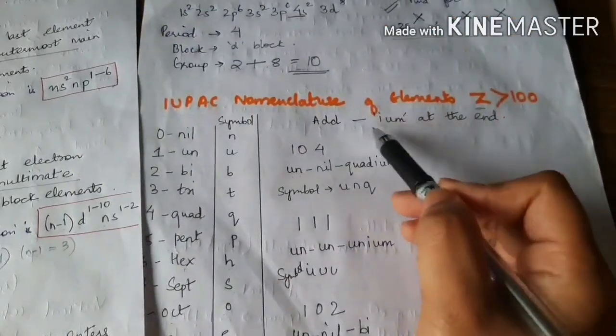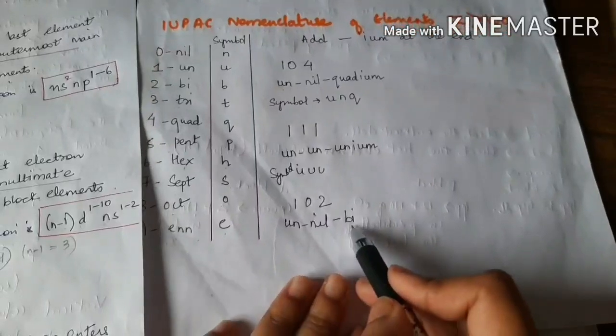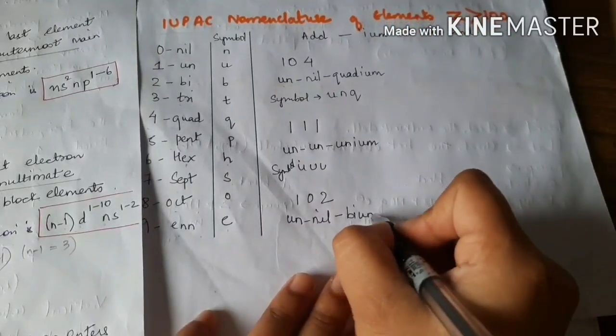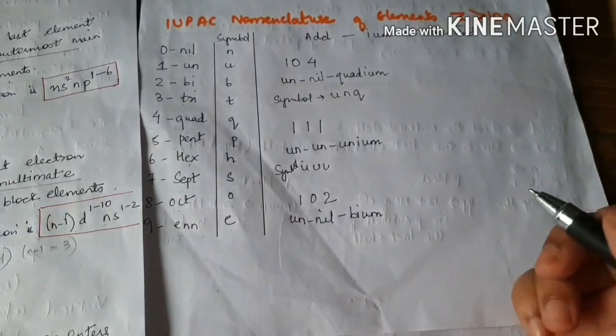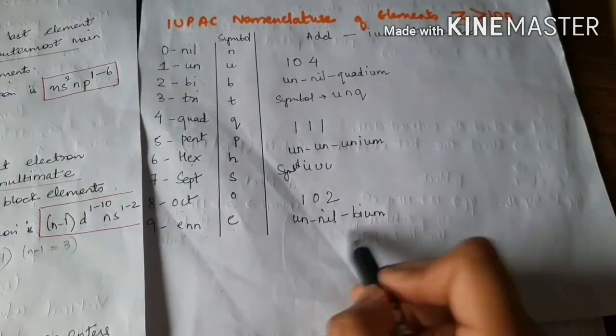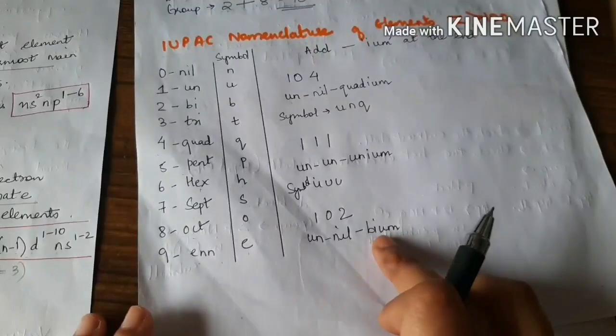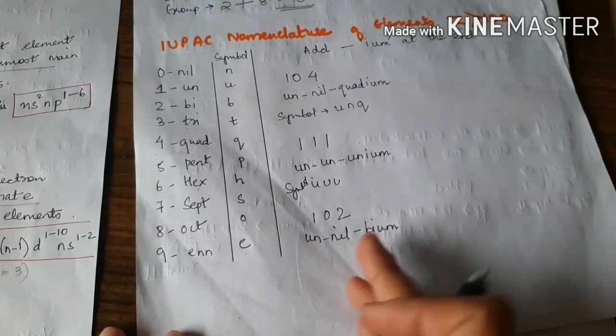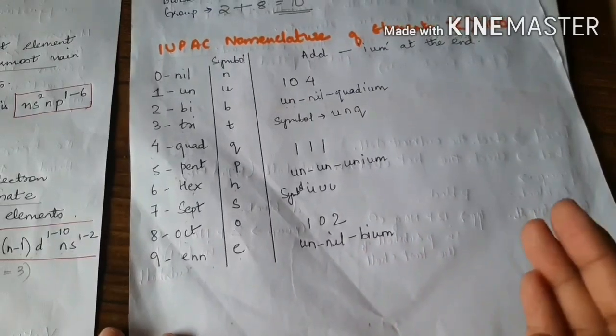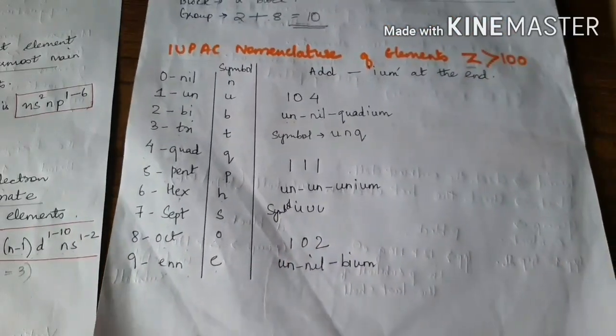Instead of ium, you just omit the i because bi already has an i, so you can write bium. Or you can also write biium, but this is better. Sometimes they have written biium also, but instead of 2 i's, you can write just 1 i. So this is how you do it.